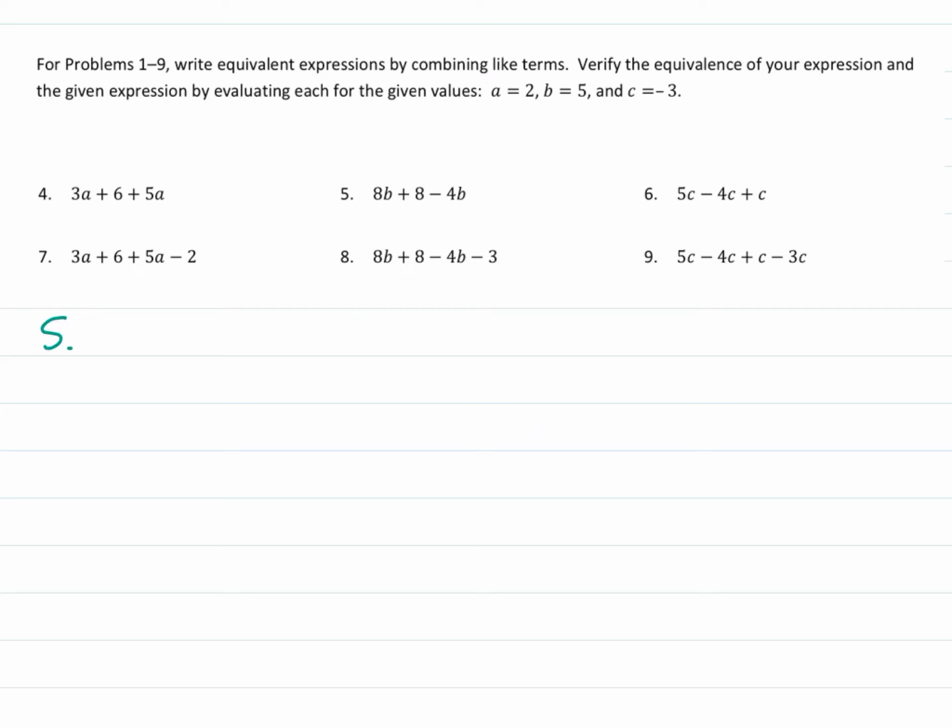Number 5. 8b plus 8 minus 4b. We can combine the b pieces together, and 8 minus 4 should give you 4b, and then we still have the number term. We are going to replace b with a 5.